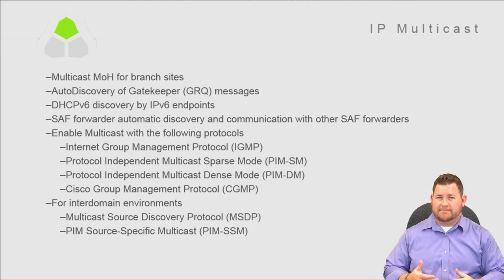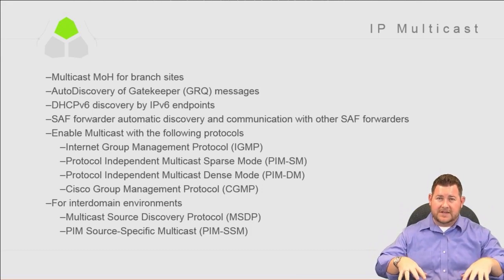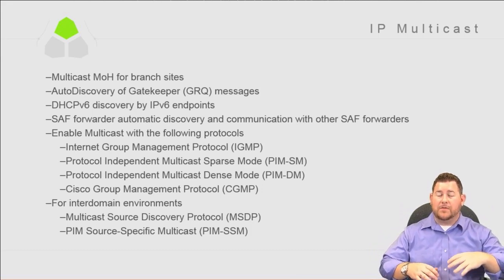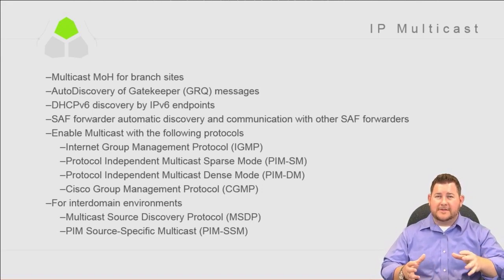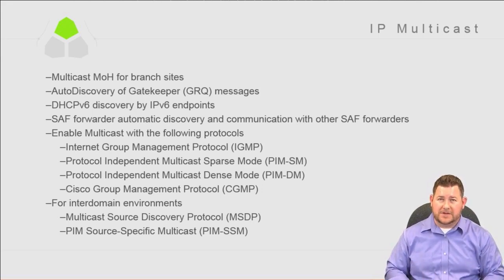Let's say you have R1 filtering multicast down through different layers of the network to different devices on the LAN, but then you want to connect over the WAN to another system. But that interface is not running the protocol you have on your LAN, like PIM dense mode, for example. So you would use another protocol between those two, which would be MSDP or PIM source specific multicast.